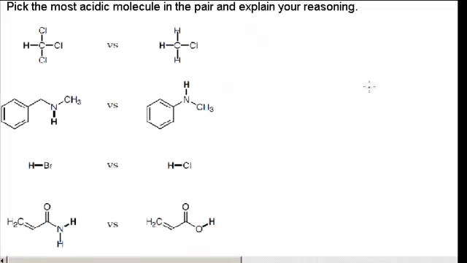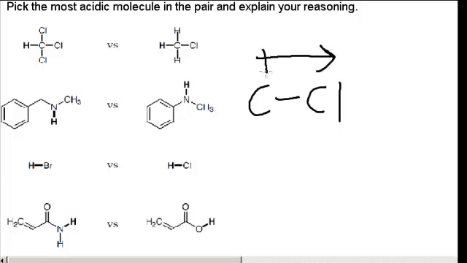So for every carbon-chlorine bond, we know that chlorine is pulling electrons toward itself through that bond from carbon. We know chlorine is more electronegative, carbon is less electronegative, so chlorine has that increased desire for electrons compared to carbon.